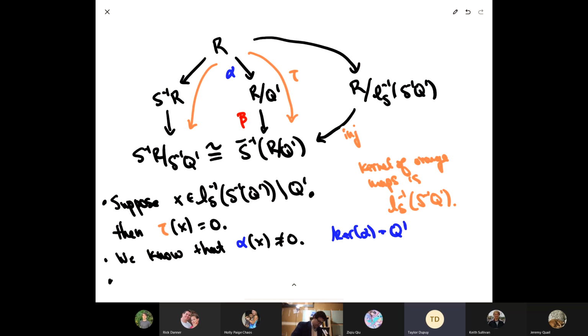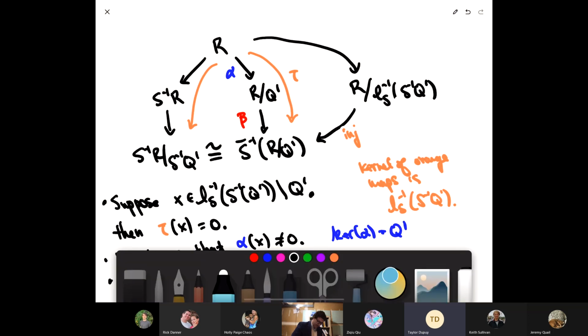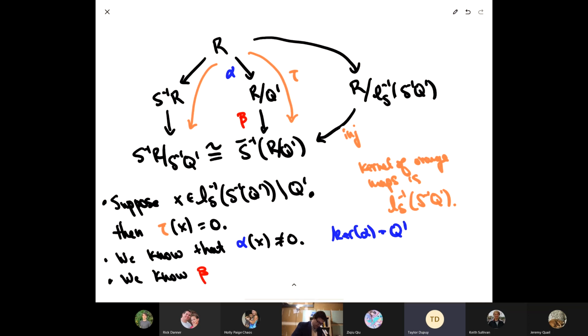We also know that beta is injective. It's the localization of a domain.